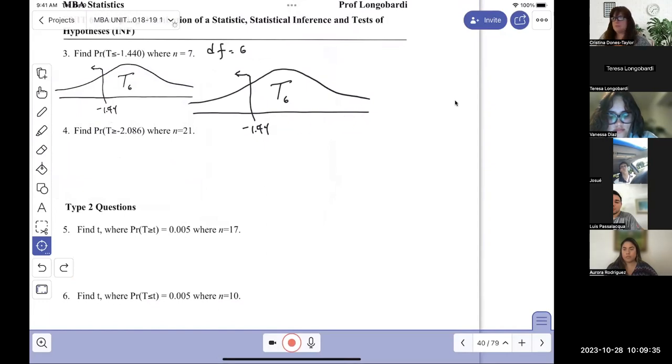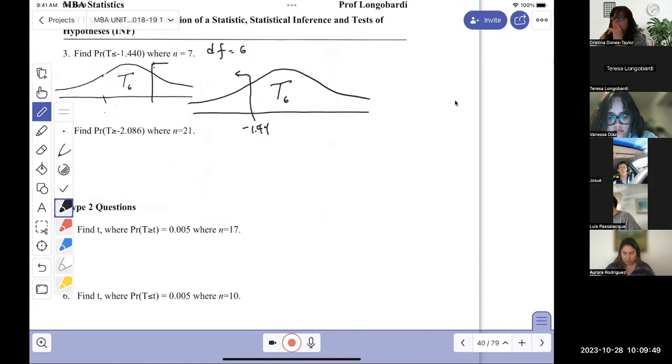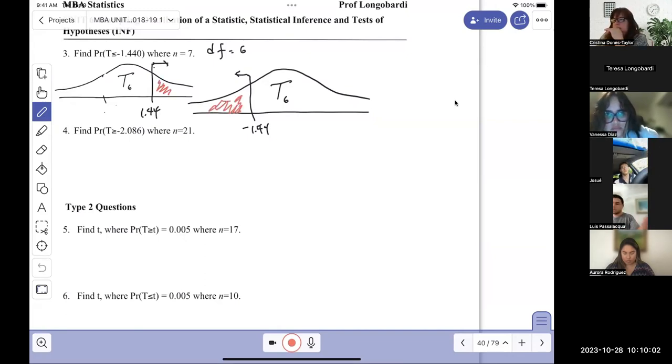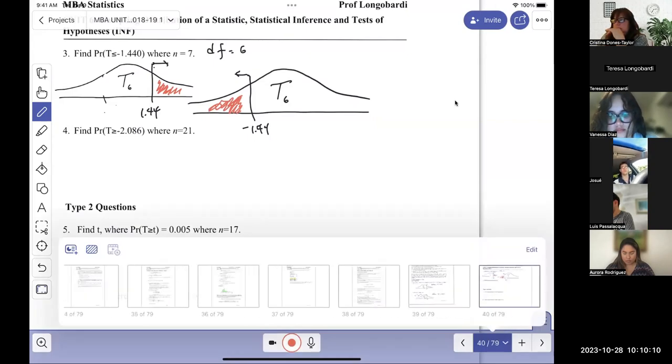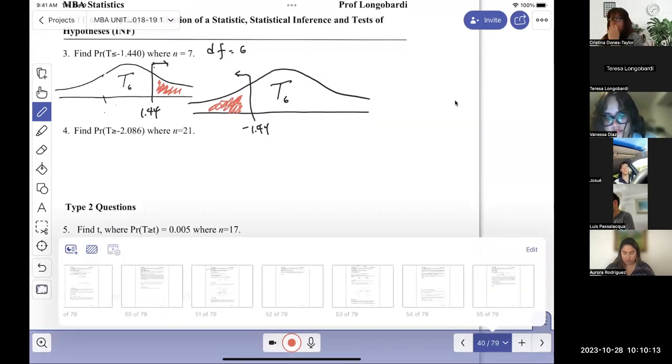So I'm going to use the right side to help me. Rather than this, I'm going to go over here, symmetrically to 1.44 on T6. And then the answer that I get over here will be the same size as the answer here.